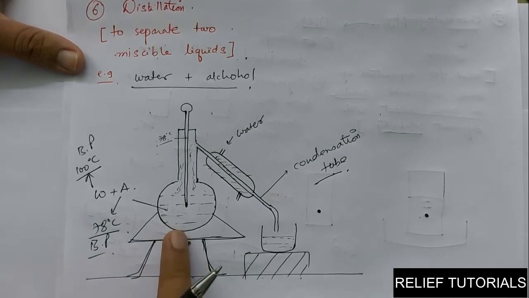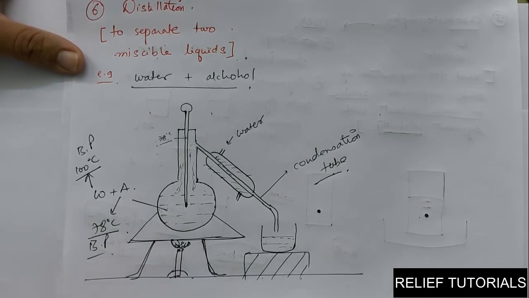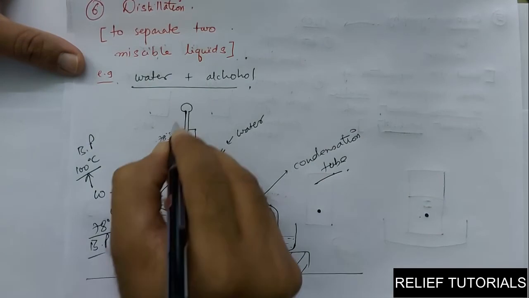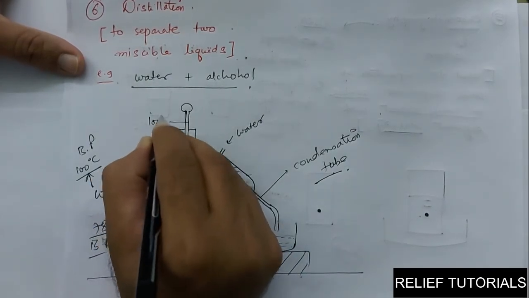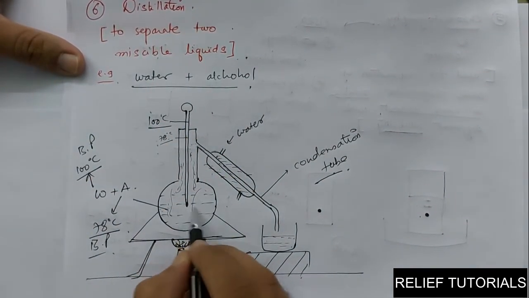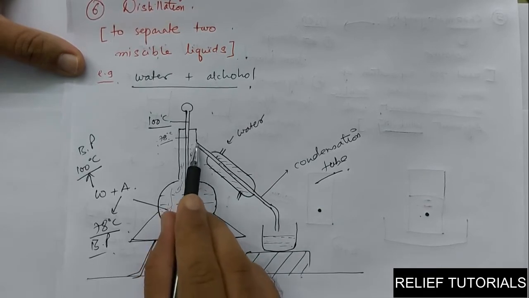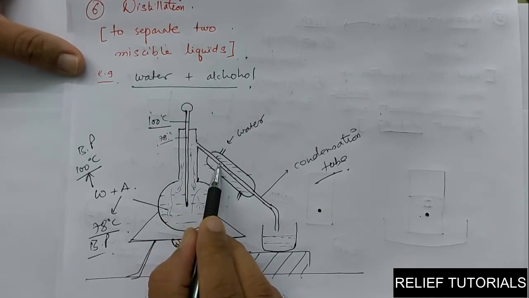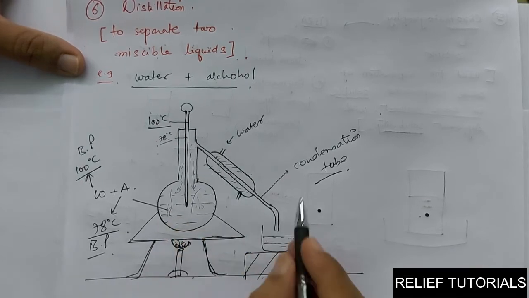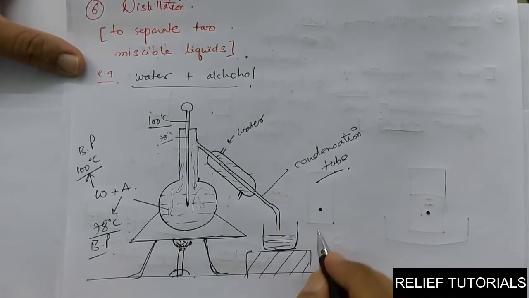Now there is water left in the flask. Again the temperature increases from 78 to 79, 80, and as the temperature reaches 100 degrees Celsius, vapors of water start to form, and that vapor again enters the condensation tube. The condensation tube condenses that water vapor, and again you can collect the pure water.